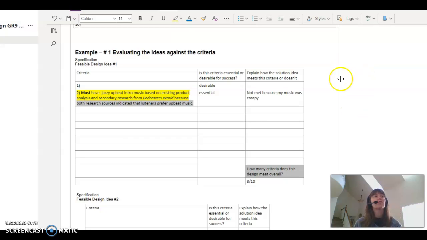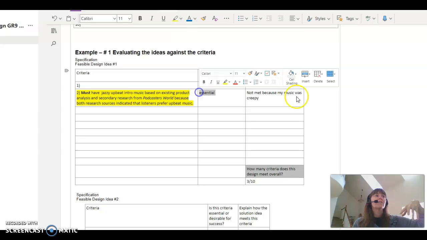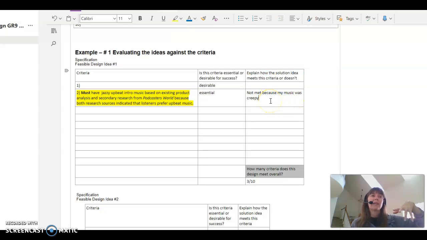I'll go over that one in just a minute. Okay, so I see that I have this criteria and my criteria is done well. I wrote that it's essential. And I've justified right here how the solution meets the criteria or doesn't. It's not met because my music I decided on for this podcast planner was creepy instead of upbeat.